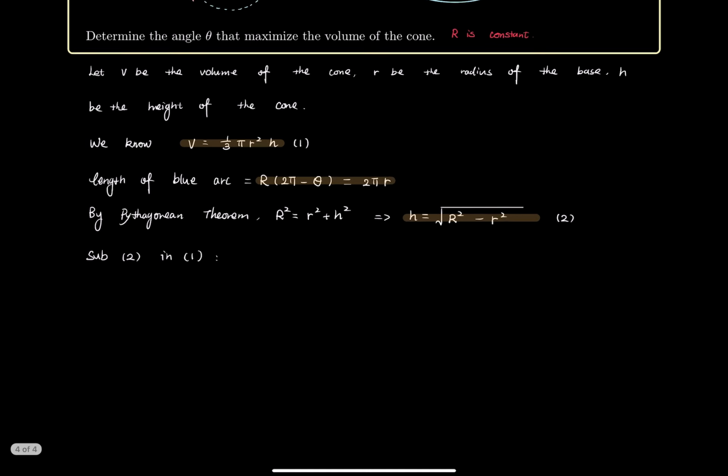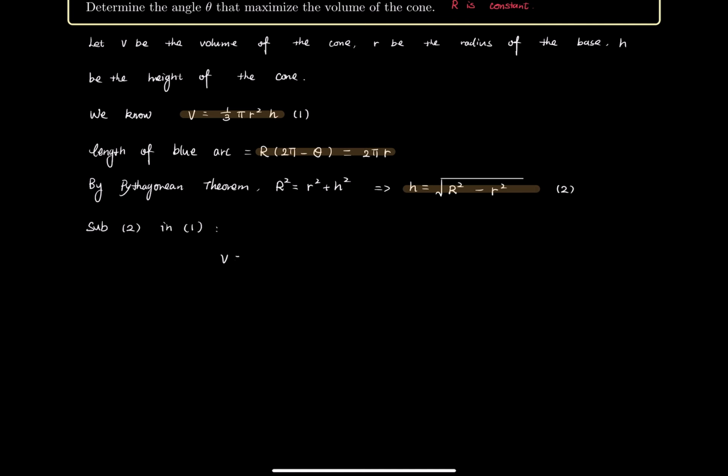And we can have V equals 1 over 3 pi r squared times h, which is the square root of capital R squared minus small r squared.